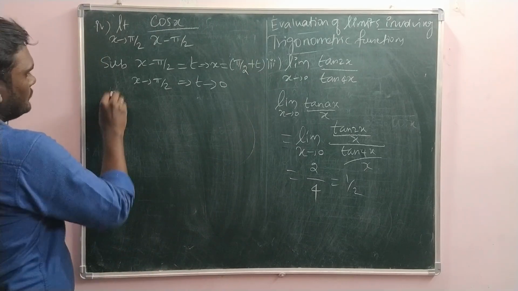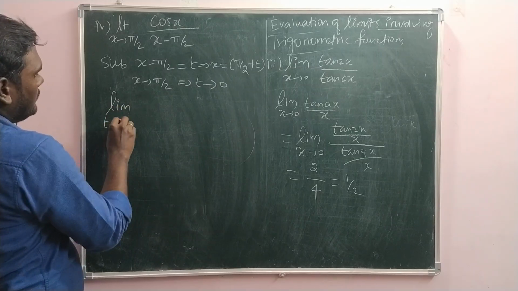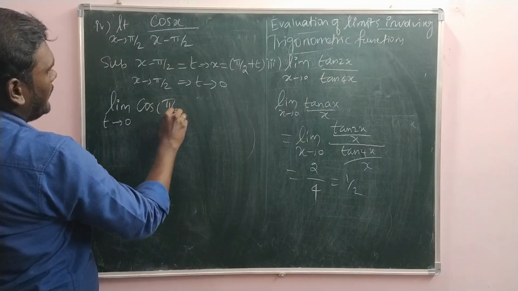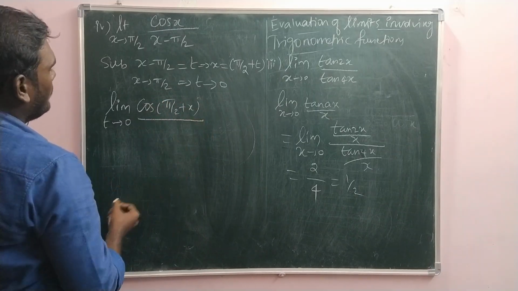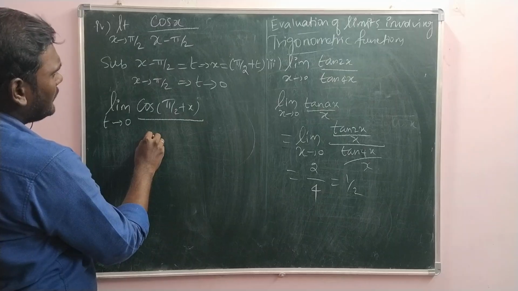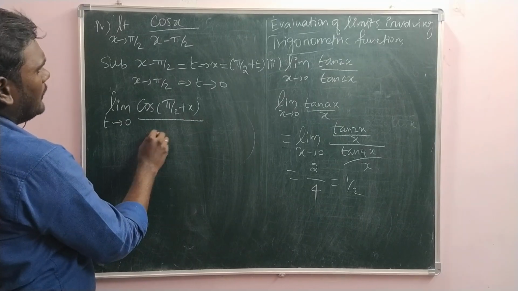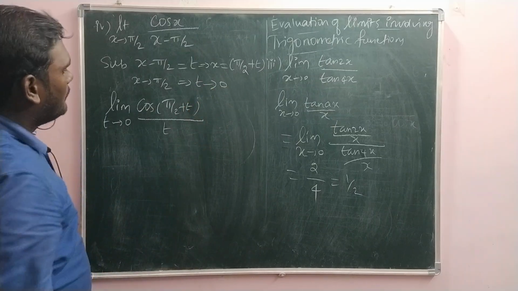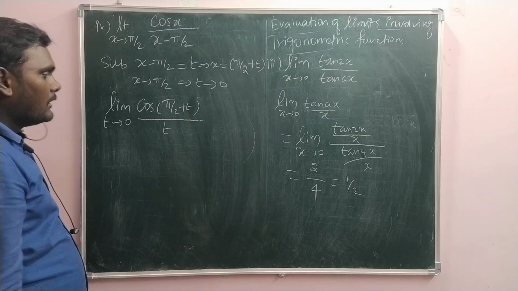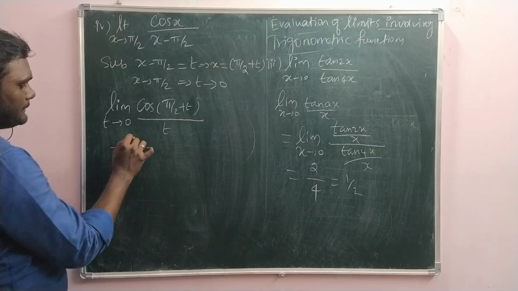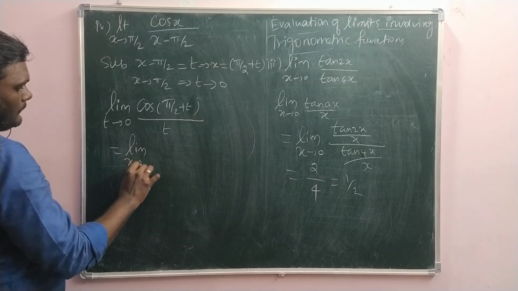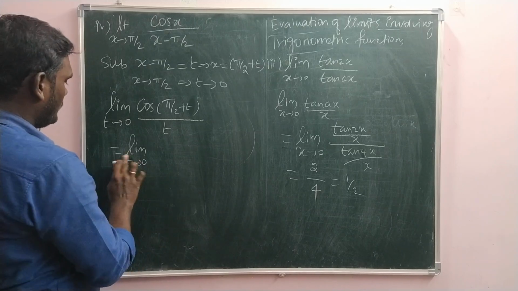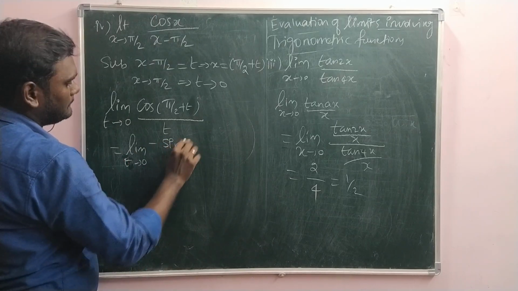So limit t tends to 0, cos of pi by 2 plus t by t. Am I right? Now what is cos of pi by 2 plus t? Minus sin t.